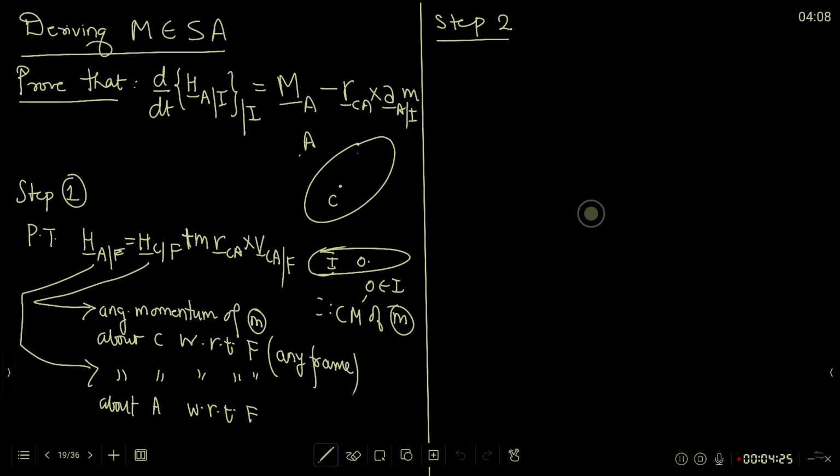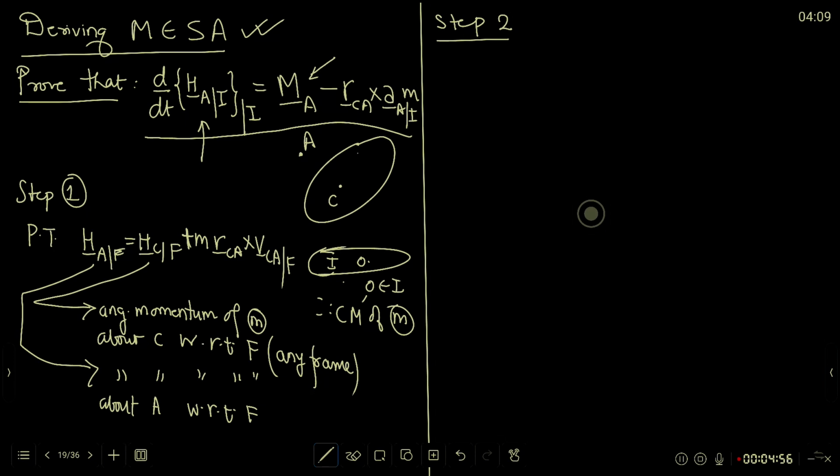So the modified Euler's second axiom is this expression, final expression. You see on the left hand side we compute angular momentum about any point A, take its derivative with respect to an inertial frame. Right hand side I have moment due to all the external forces about this point A, and then there is an extra term which involves what?